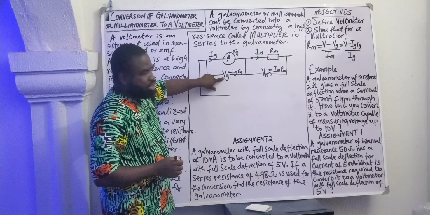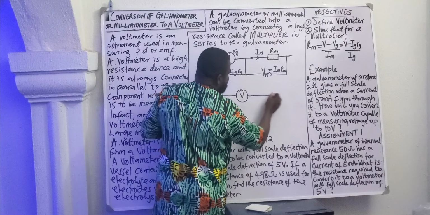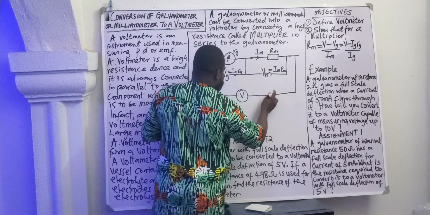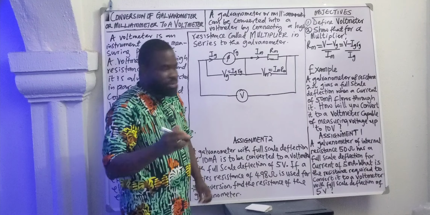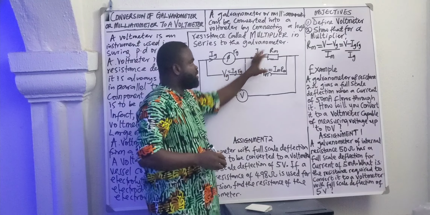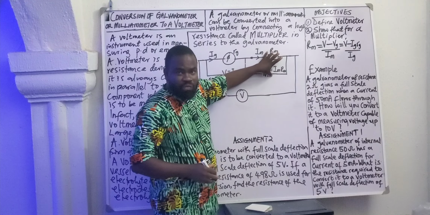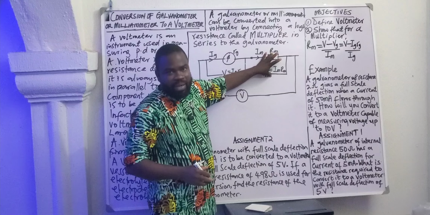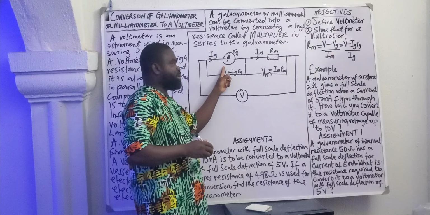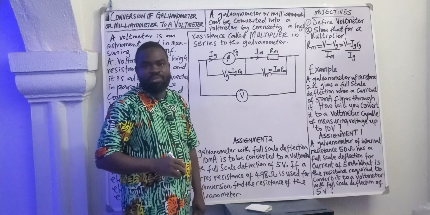So let that value be represented with V. This V is bigger in value than the voltage of the galvanometer, which means in the ordinary, if you allow this voltage to go through this galvanometer unprotected, that is, without the connection of this high resistance called multiplier, if you pass this substantial value of voltage across this galvanometer, it will damage it, it will kill it.